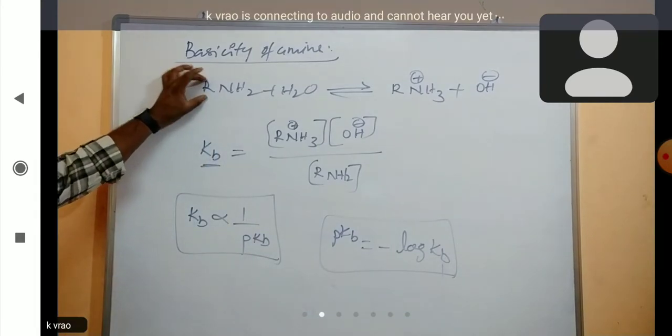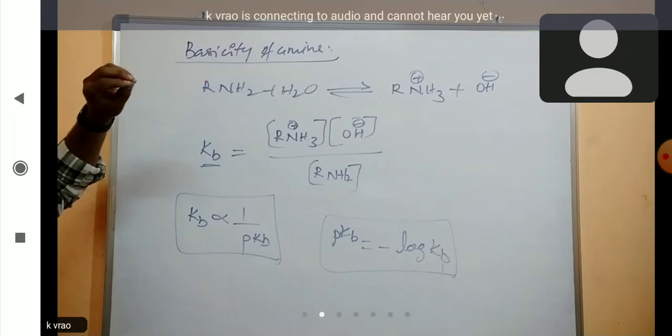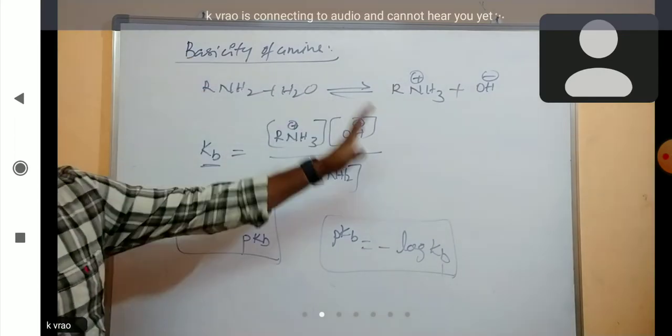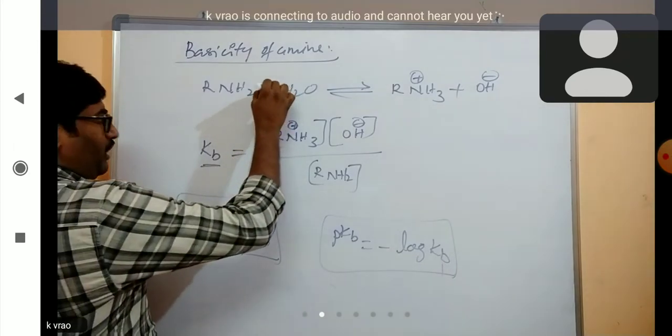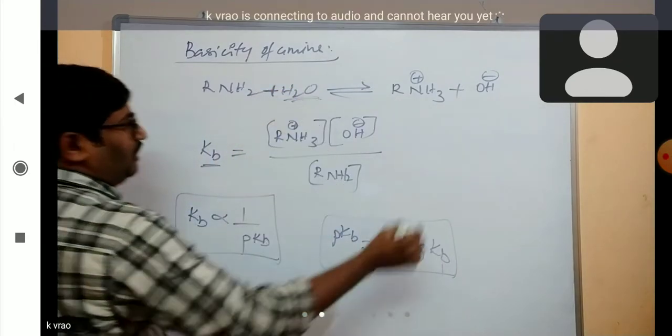Because all of these are weak bases, not strong bases, we discuss their order. RNH2, if it is dissolved in water, a polar solvent, gives RNH3 plus.